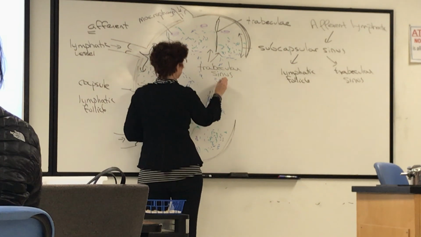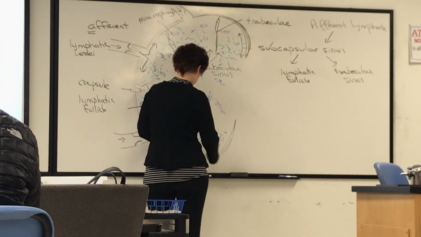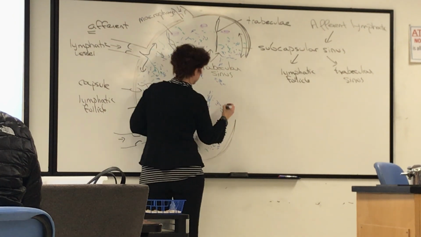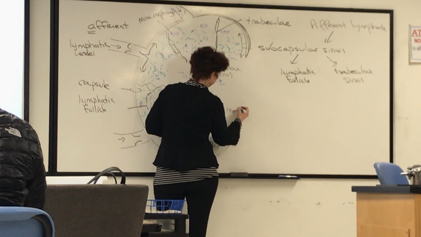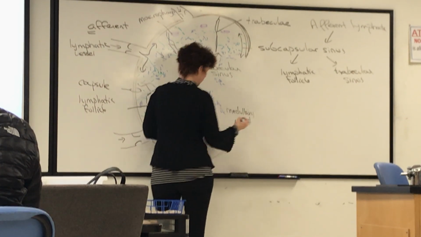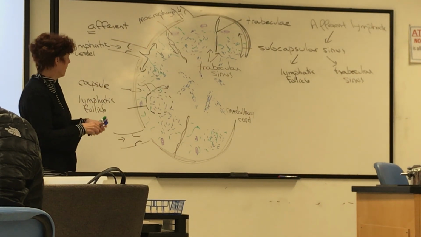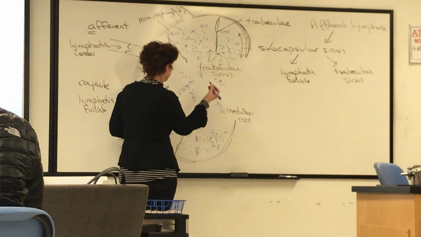This should be dots, not lines. I'm just getting lazy. So these would be the medullary cords. Okay, not a musical cord, just a cord, like a rope. And then the spaces between them would be the medullary sinuses.